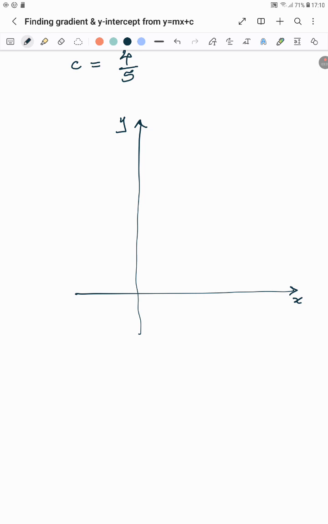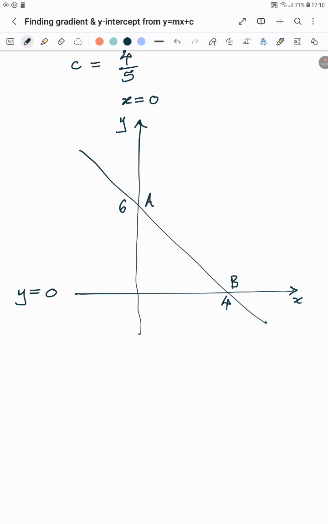So along the y-axis, x is equal to 0, and along the x-axis, y is equal to 0. So let's say I have a straight line like this, that is cutting the x-axis at point 4 and cutting the y-axis at point 6. So let's say this is A and this is B.